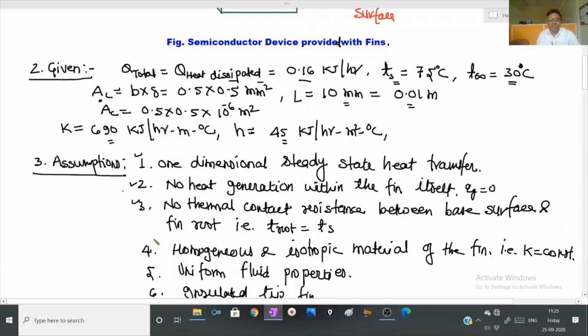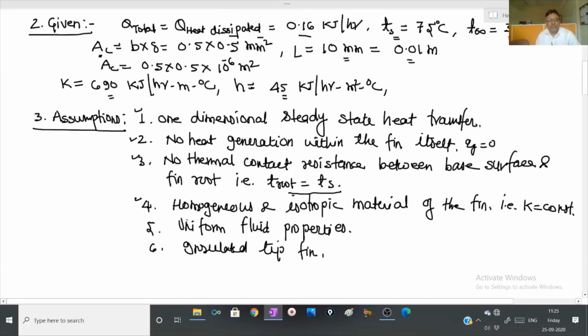Assumption number 3, no thermal contact resistance between the base surface and fin root surface, and as a result of this assumption, temperature at the root of the fin will be equal to temperature of the base surface. Assumption number 4, homogeneous and isotropic material of the fin, that is K value will be constant everywhere.